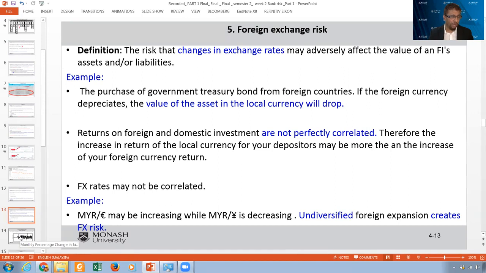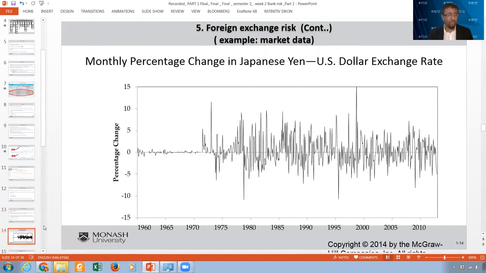Just to give you a clearer example, this is the volatility of the yen US dollar exchange rate. See how this volatility goes up and down. Banks investing in foreign currency is very risky because of the huge volatility of the exchange rates of different currencies.